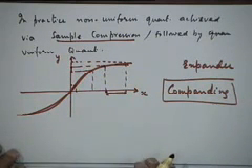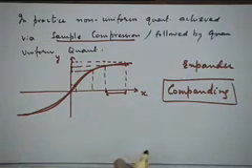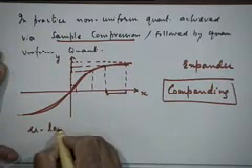So, this companding is a very common practice used in PCM, pulse code modulation, to effectively utilize the number of bits that you allocate in a much better way. There are two commonly used compression laws in the industry. One is called the mu law compression.